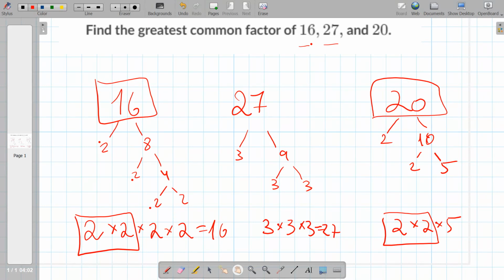So I guess 1 is the greatest common factor of all of these 3 numbers.